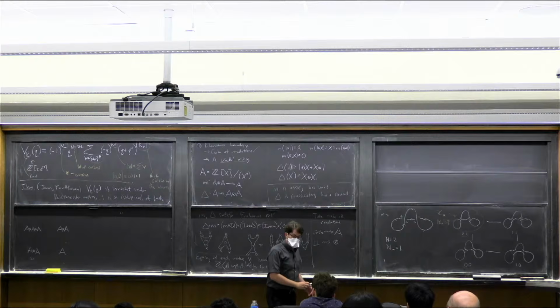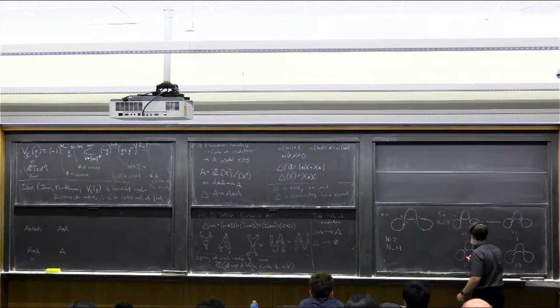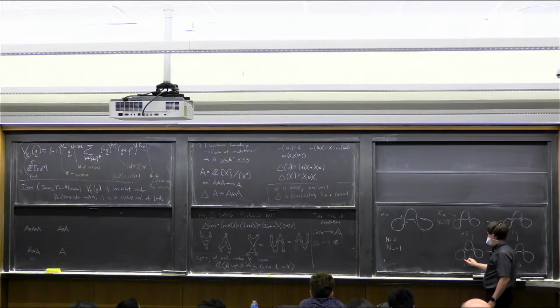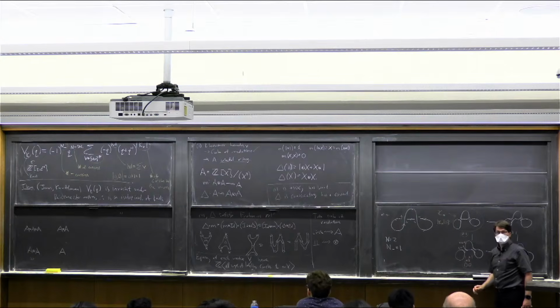So for instance, here I could label both circles 1, or the first one 1 and the second one x, or the first one x and the second one 1, or both x. So I've got Z to the fourth over here.